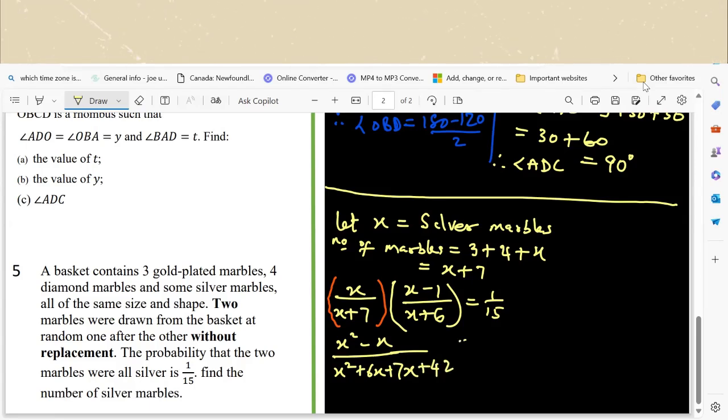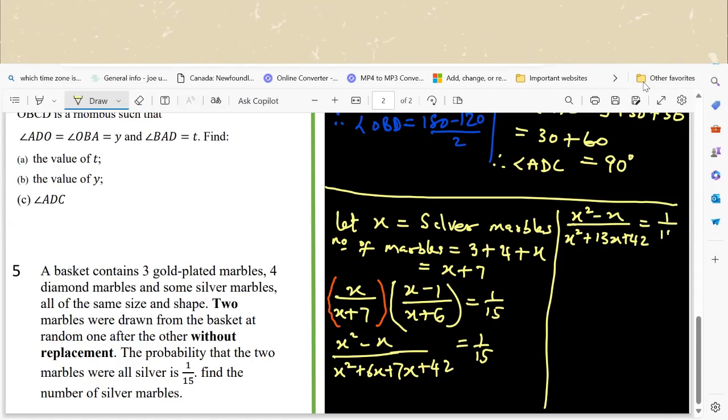That's 42 equals 1/15. So here we have S squared minus S all over S squared plus 13S plus 42 equals 1/15.